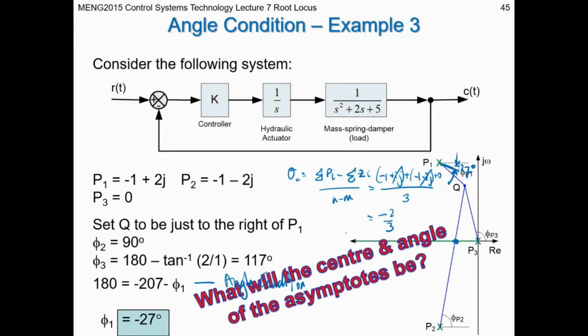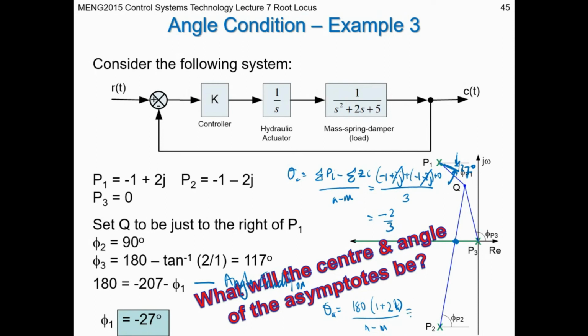And then the angle of the asymptotes is given by a multiple of 180 divided by the number of asymptotes. There are 3 asymptotes, so we're dividing our circle by 3.